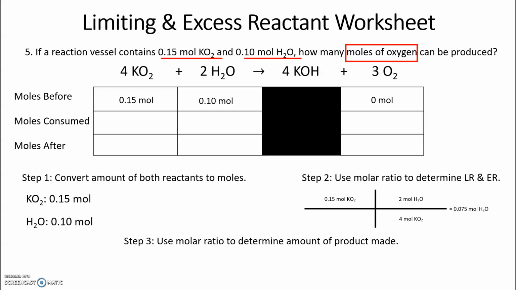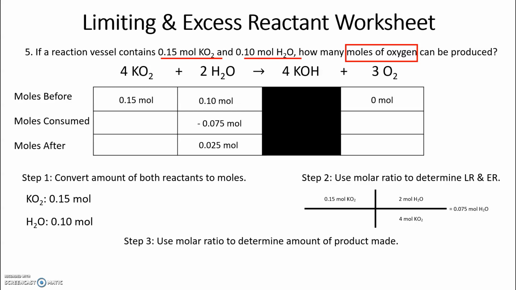So we can fill that in the moles consumed or moles changed section of our BCA table. And once that many moles of water are used up, then the reaction is going to stop because we ran out of the other reactant. So if we want to determine how many moles are left over, we just subtract 0.1 and 0.075, and you get 0.025 moles. That would be left over because water, again, is our excess reactant.